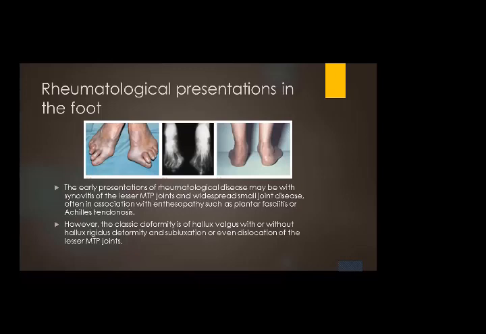However, the classic deformity of hallux valgus with or without hallux rigidus deformity and subluxation or even dislocation of the lesser metatarsophalangeal joints can be seen. So it's a very complex kind of deformity.